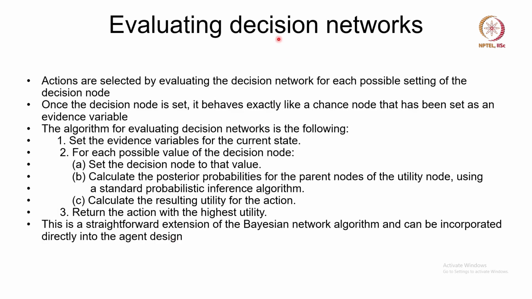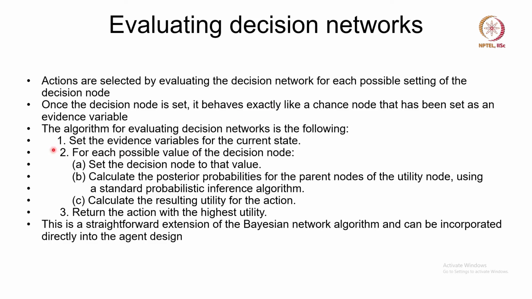How do we evaluate decision networks? You have to choose the actions by evaluating the decision network and decide which action is to be taken, in this case which site is to be chosen. For each possible setting of the decision node, you have to see what utility you are going to get, and the utility node, the diamond over there, will decide which is to be chosen. Once you set the decision node, it behaves like a chance node, like a Bayesian network.